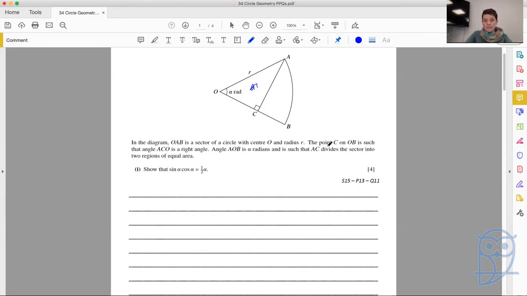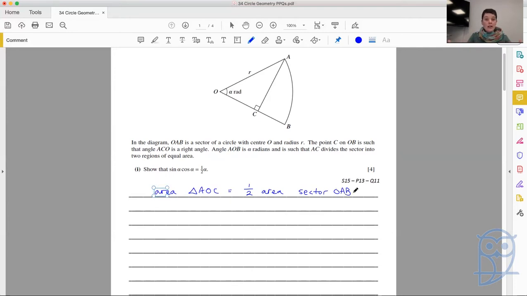sector. So we do have the relationship of area of triangle AOC equals 1/2 the area of sector OAB.